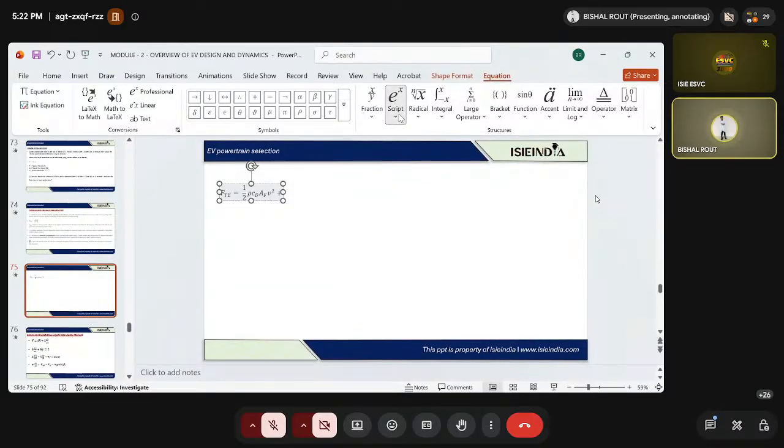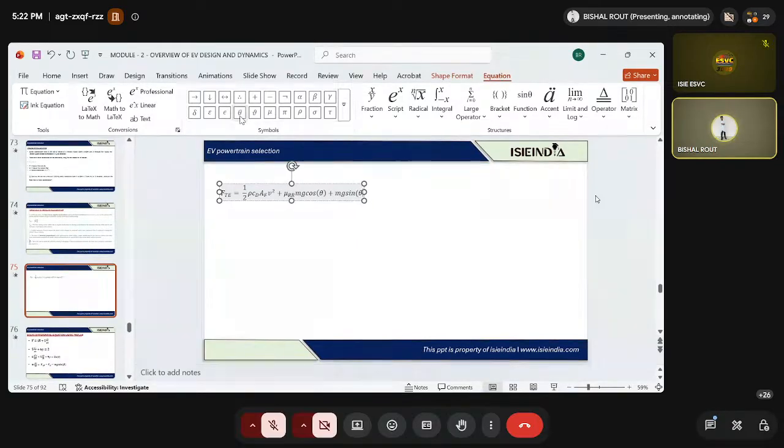Then we come to the rolling resistance force, which is mu r mg cos theta. Plus the hill climbing force, mg sin theta.